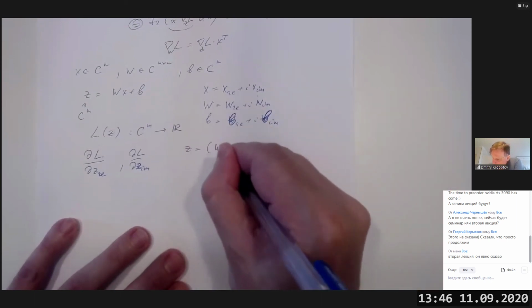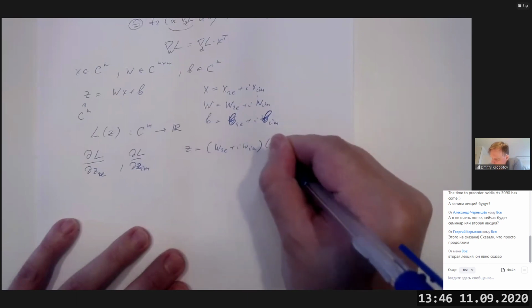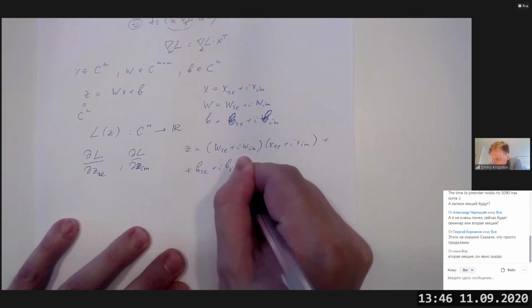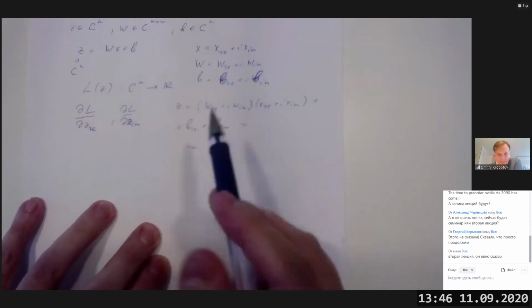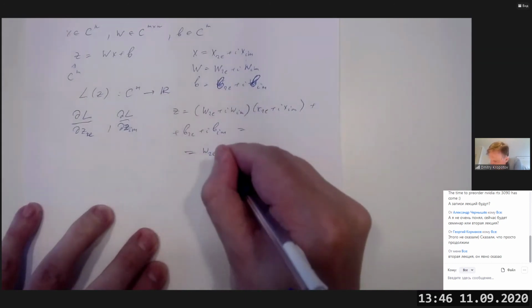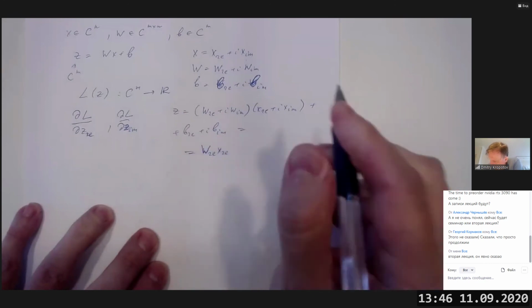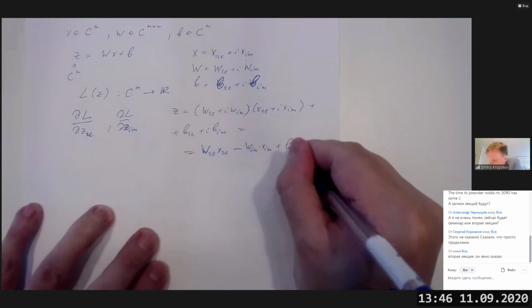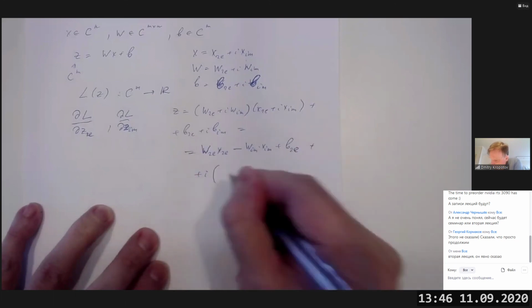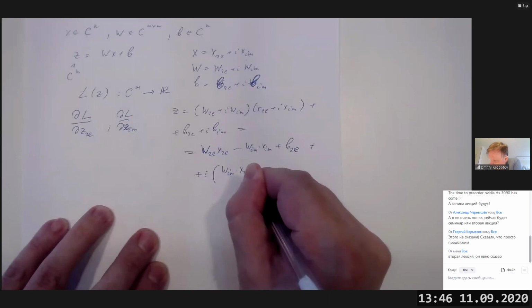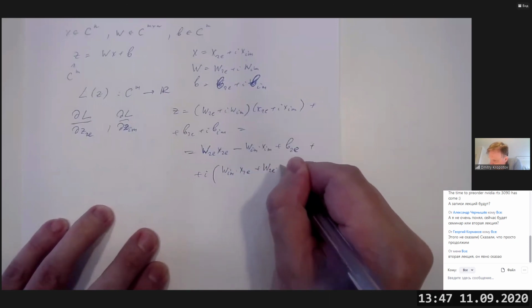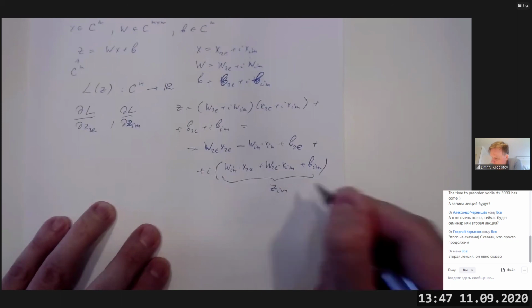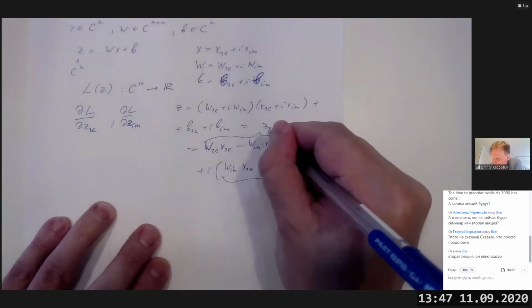So z, now opening the brackets gives us minus, and this would be the imaginary part of z. This would be the real part of z.